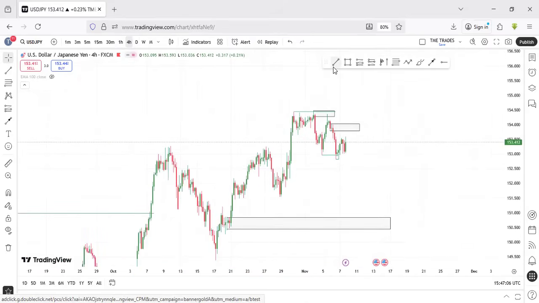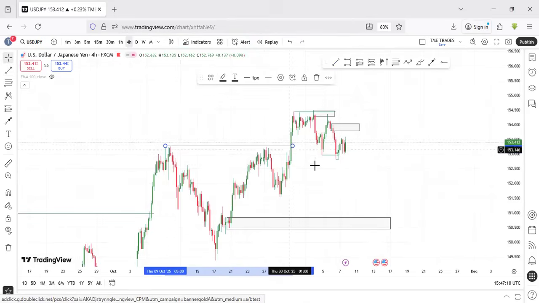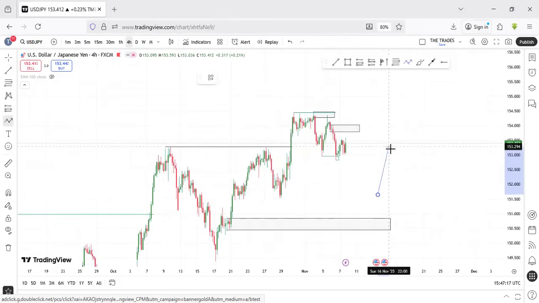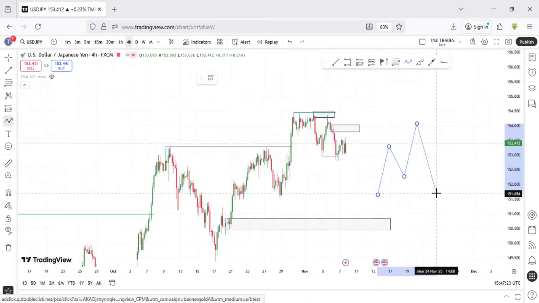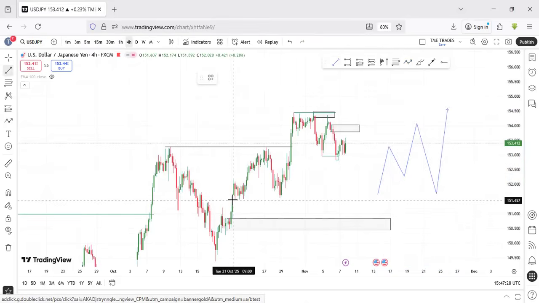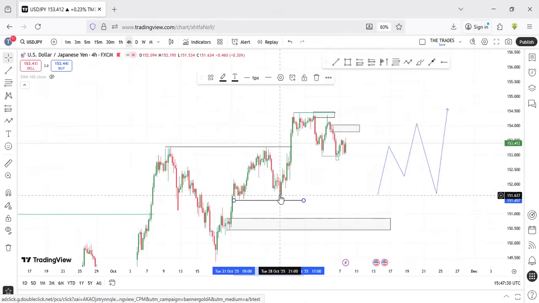And considering that after this external break of structure, the market created a low before that break. And whenever we are trading, before any break of structure, if the market created a low without this low taking out any liquidity, the market always comes back to it before continuation. When you look at it, this is the low. The market did not take it out.